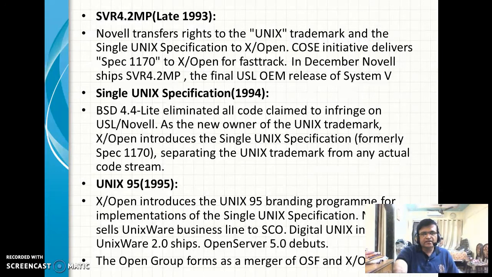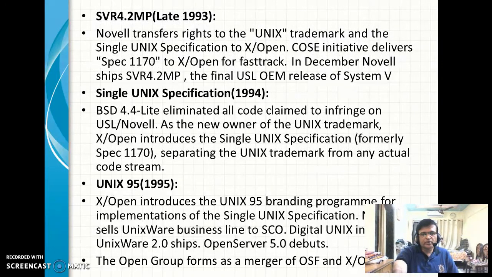X/Open introduced the Single Unix Specification, formerly Spec 1170, separating the Unix trademark from any actual code streams, in 1994. In 1995, X/Open introduces the Unix 95 branding program for implementations of the Single Unix Specification.